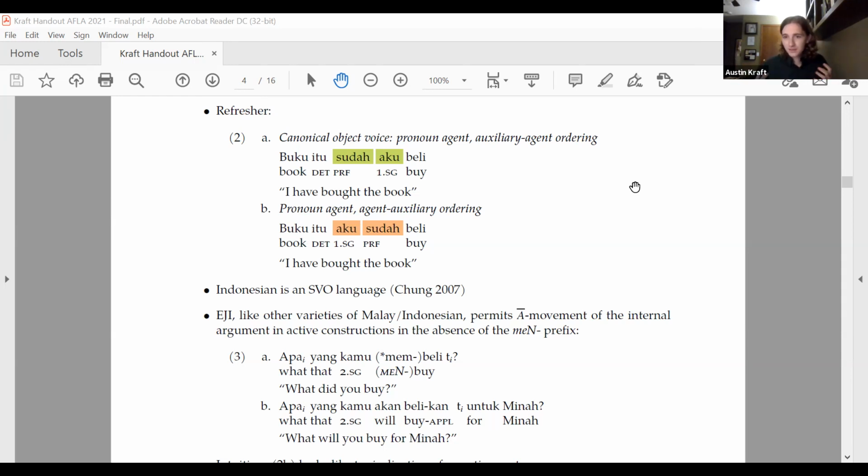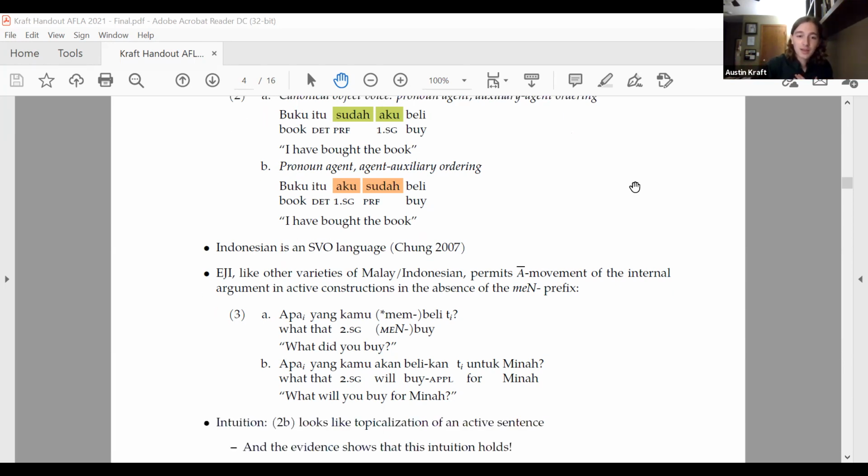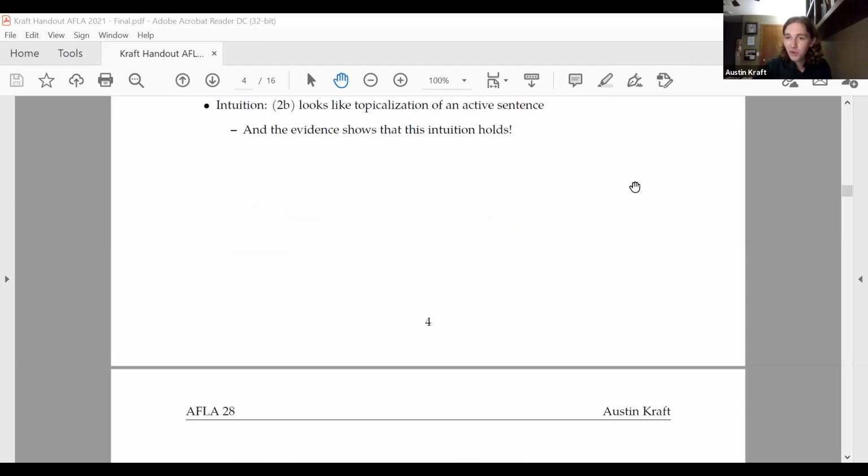With these facts in mind, we look at a sentence like 2 and could see, intuitively, that perhaps this is an instance of, say, topicalization, as it could just be fronting of something that is underlyingly active. And our evidence shows that this intuition holds.